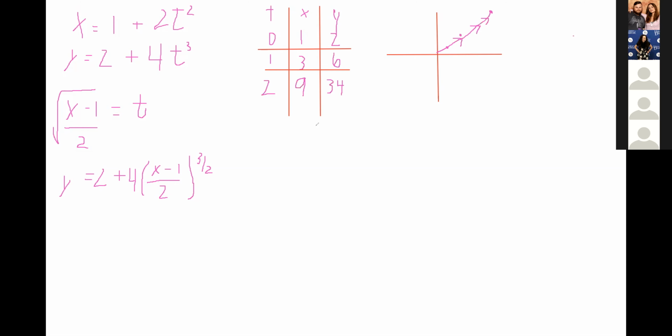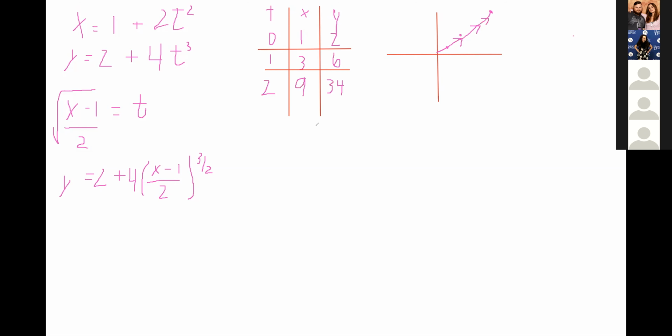Now you can do this 2 ways. You could take the derivative of the y equals equation there, or the way that we learned to do it was dy/dt divided by dx/dt.